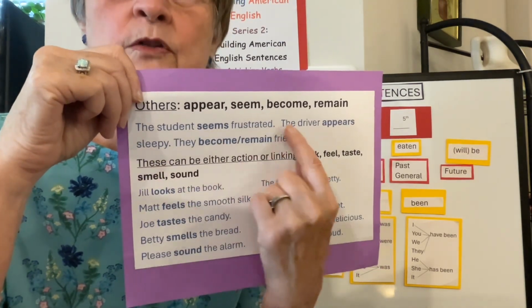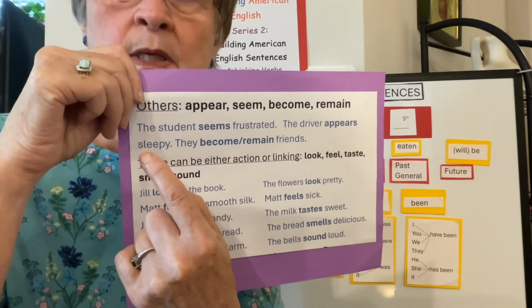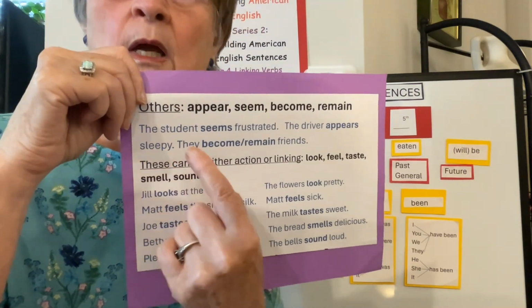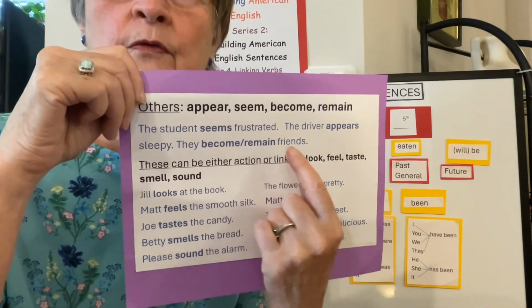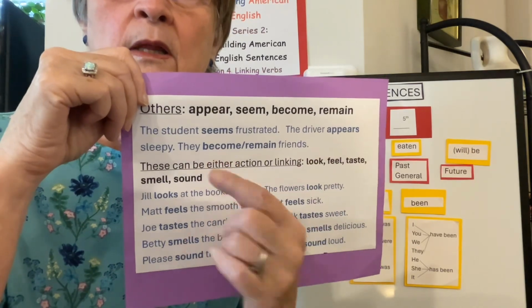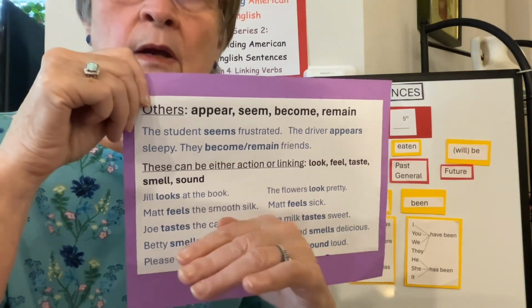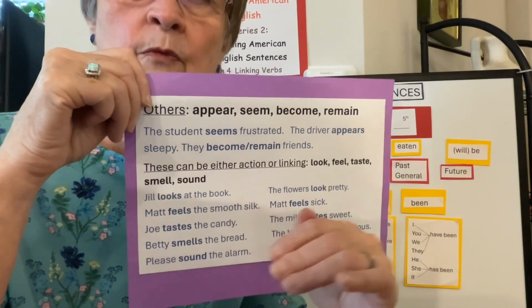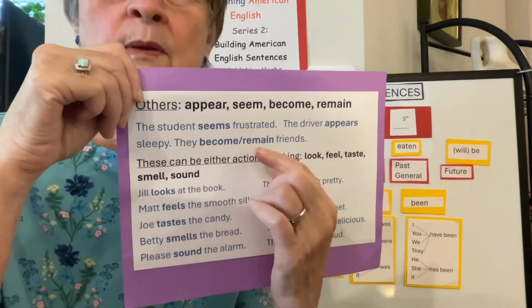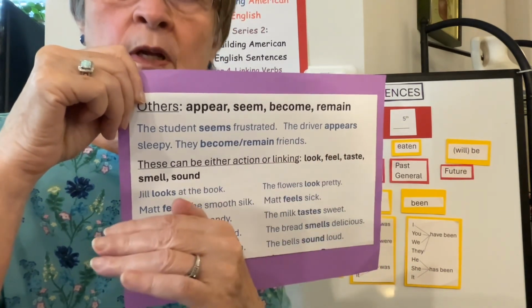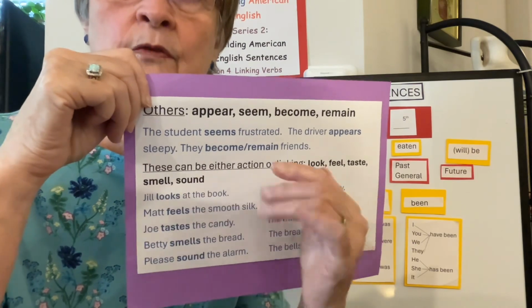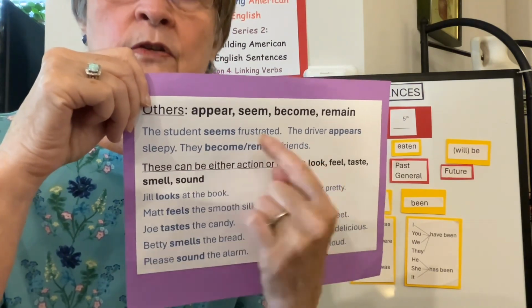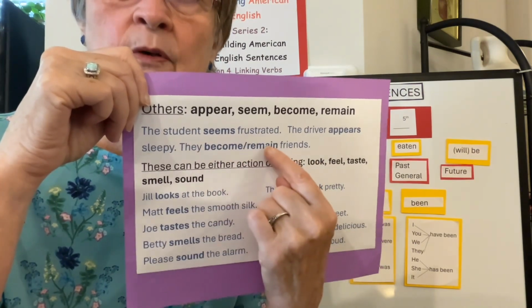I could say the driver is sleepy, but I'm not sure. They become friends. They weren't friends, now they are friends, so they become friends. They remain friends. They were friends, they are friends, they remain friends. They and friends are the same thing. This is a linking verb.